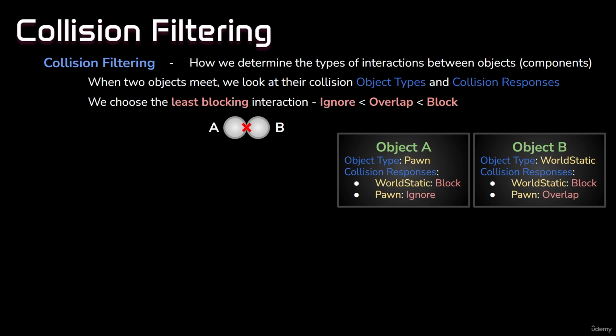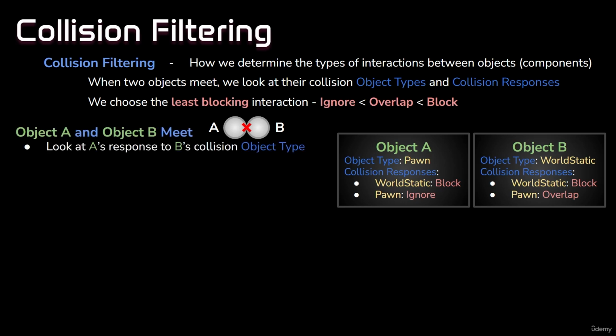So when object A and object B meet, we look at A's response to B's collision object type. Object A's collision response to object B's type is block, because B is world static and A's response to world static is block. Now we look at object B's response to object A's object type.